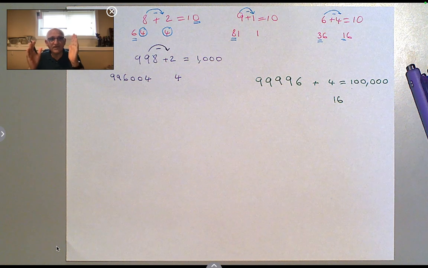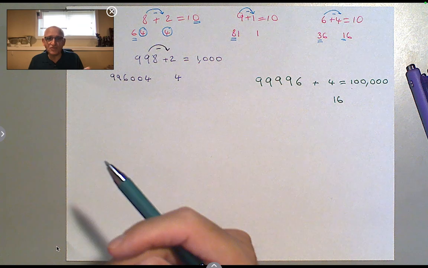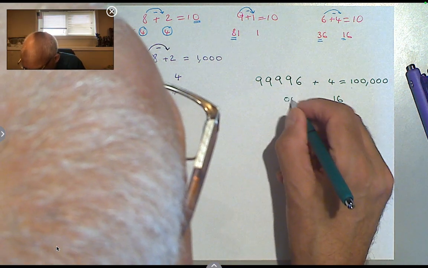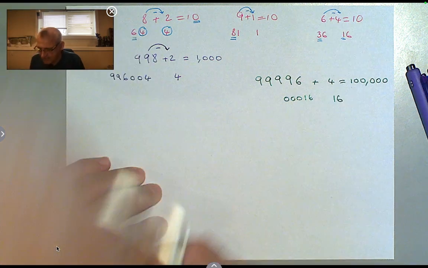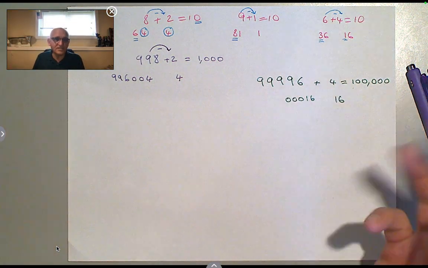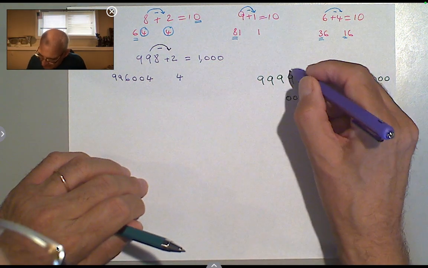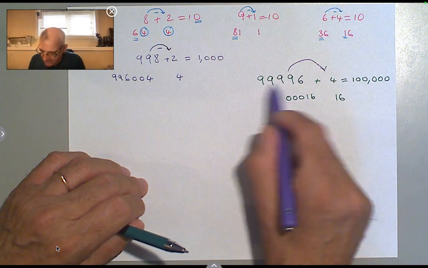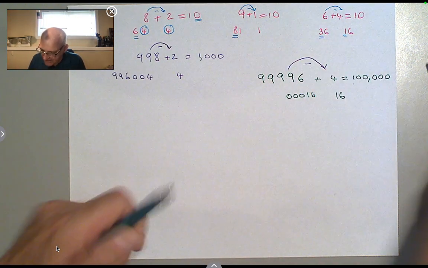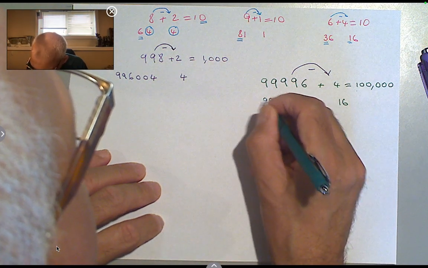I have to fill the 5 slots with numbers so that at the end of the day you reach 16. So the only possible way is to have 3 zeros followed by 1 and 6. And now these are 5 digits, but when I ask you what is this number, you would say 16, right? And then the 9s are not affected here. There is no carryover or anything. 6 minus 4 is 2, so it's easy to see we have a 2 followed by 4 9s.